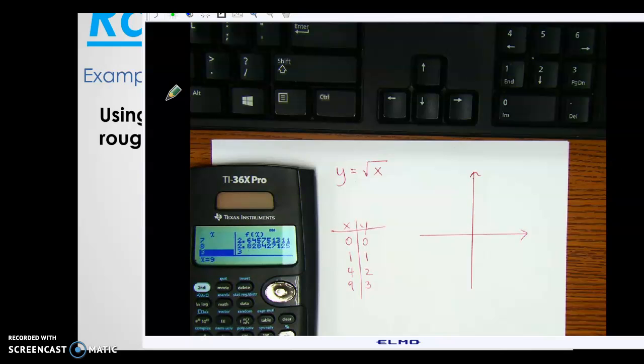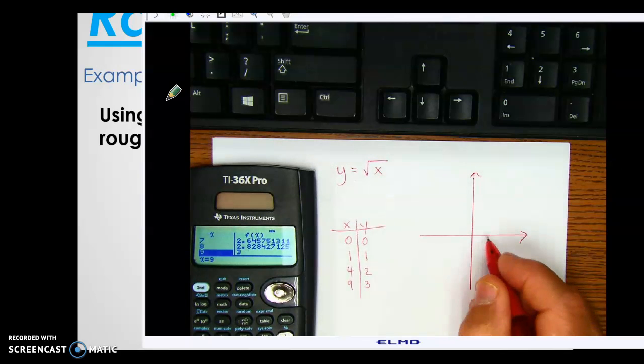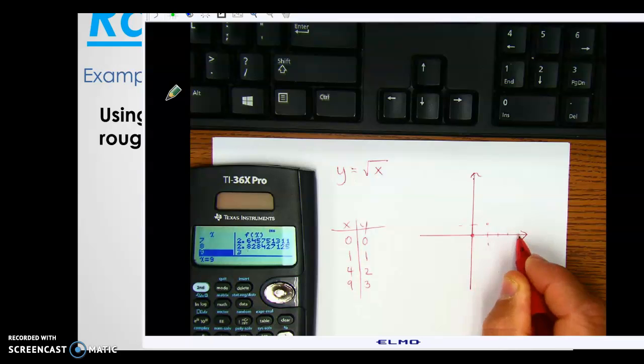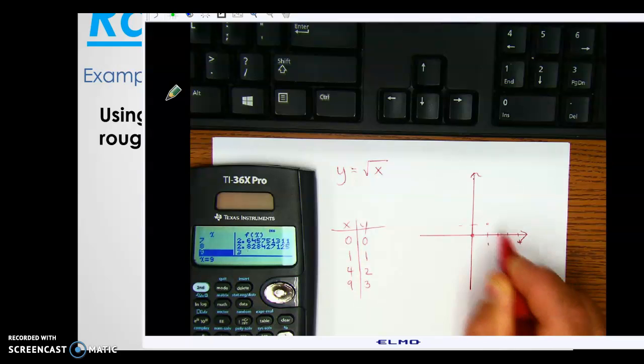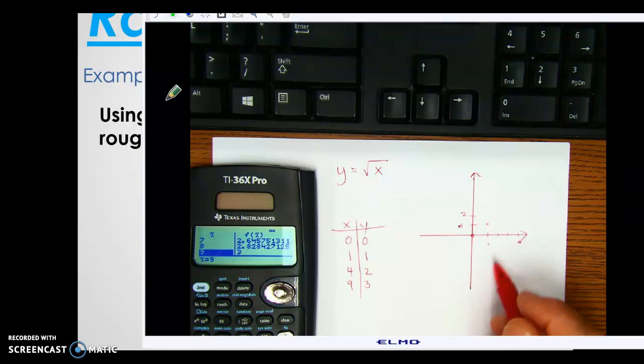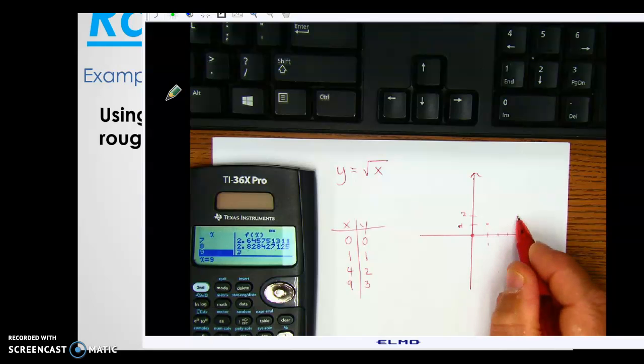Okay, so y equals the square root of x looks like this: 0, 0, 1, 1, 4, 2. That's not negative, that's just 1. 4, 2 is going to be about right here.